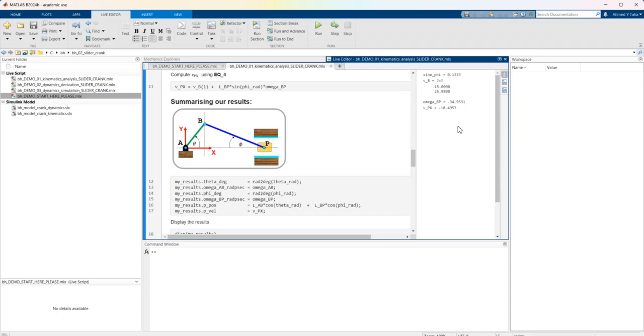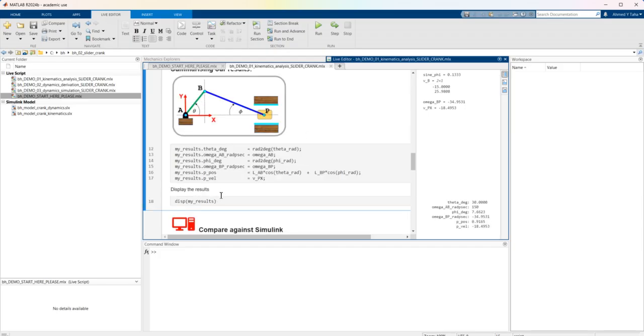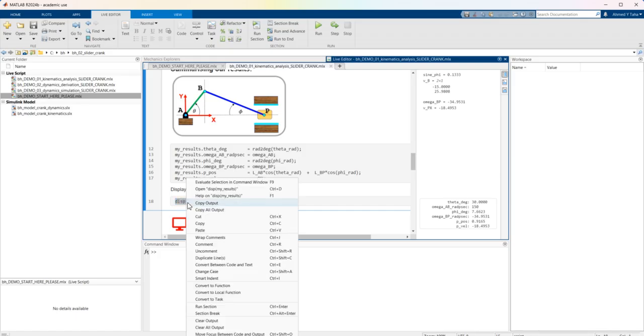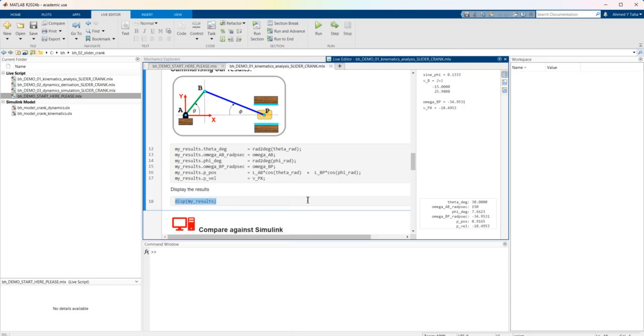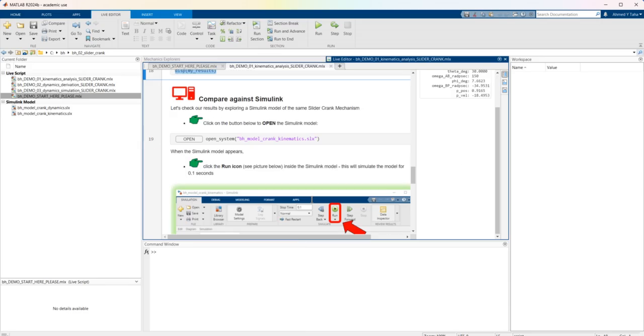And actually, you can see that some of the parameters have already been defined here, like the sine, the VP value, and the omega BP can be found. So we are going to display this result by clicking on display my results. Okay, so I'm going to copy that for later because we need to put them and choose them. Then you're going to compare the result against the Simulink to find the answer.